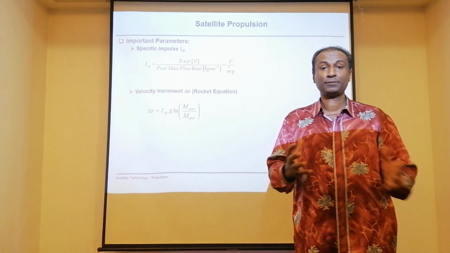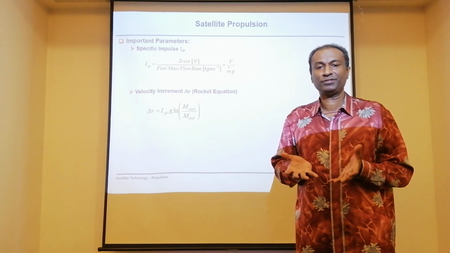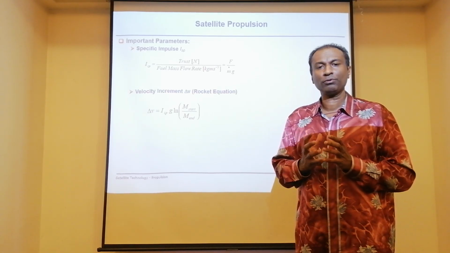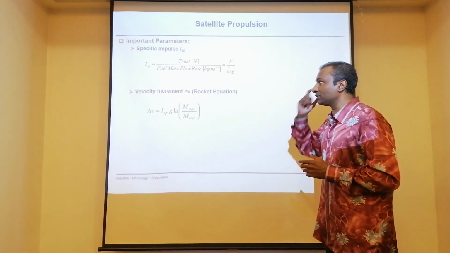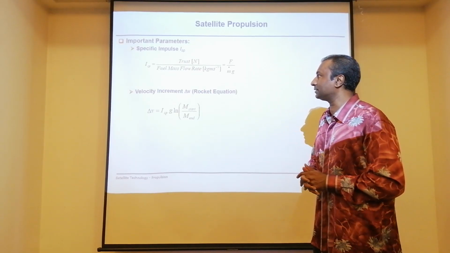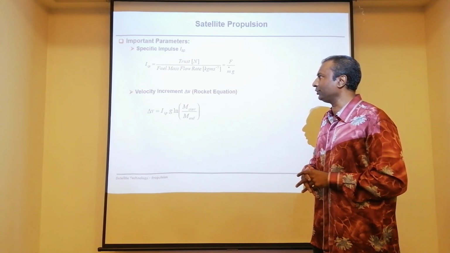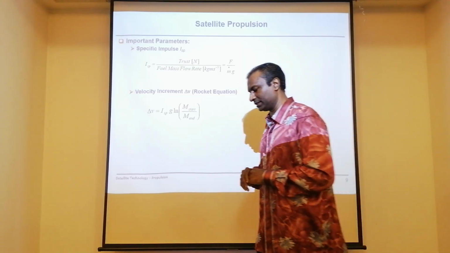A very high specific impulse gives you a very good amount of efficiency. That means the engine could be very small, but it gives you a good amount of thrust. So that is important. It's basically nothing but the actual thrust with respect to your fuel usage. That is how it is done.